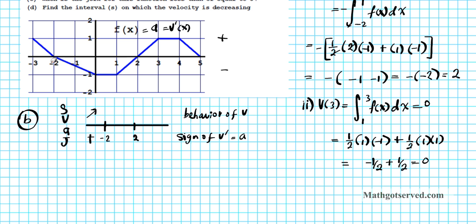From negative 2 all the way to 2, it's underneath the x-axis, which means that v prime is negative, which indicates the function is decreasing. And then from 2 all the way to 5, v prime is positive, which indicates that the function is increasing again. So if you go from increasing to decreasing, what can you classify this extrema as?